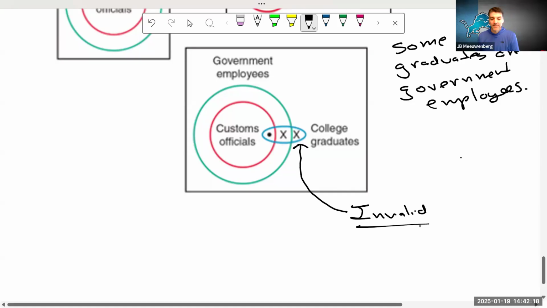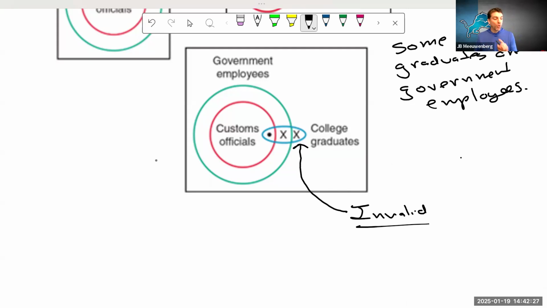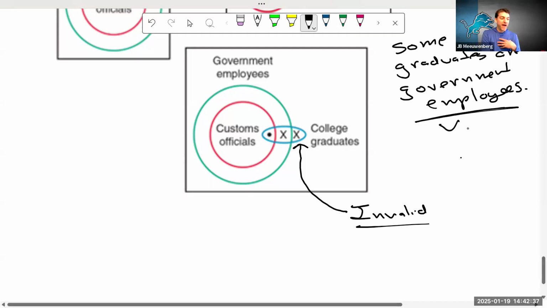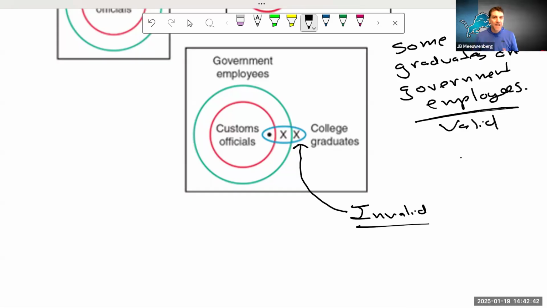We would not be able to say that. No conclusions can be drawn about college graduates outside the government employee set or the government employees outside the customs official set. Okay. Our conclusion, this is valid. We didn't assume anything that was not in the premises.